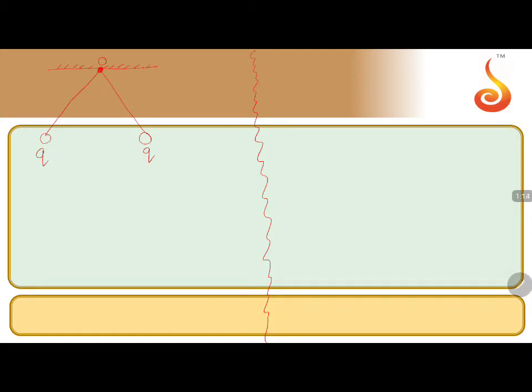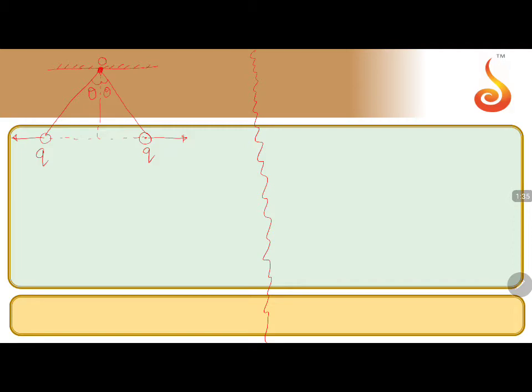Because of the electrostatic force of repulsion, they deflect, and because of gravity, electrostatic force and tension, they deflect by a certain angle theta and come to equilibrium.